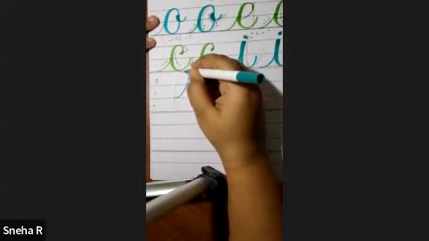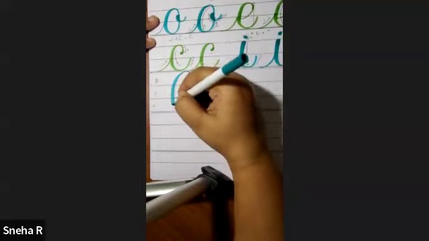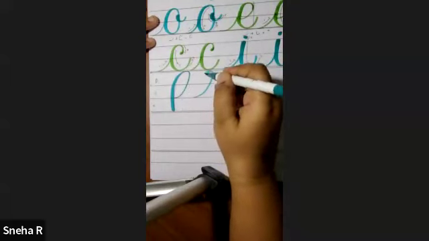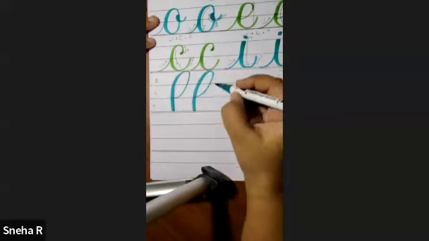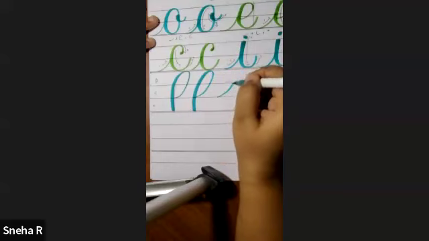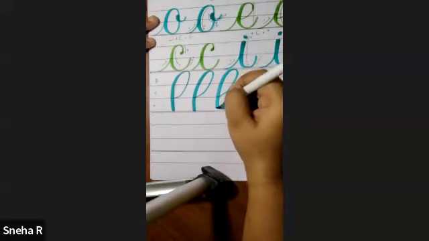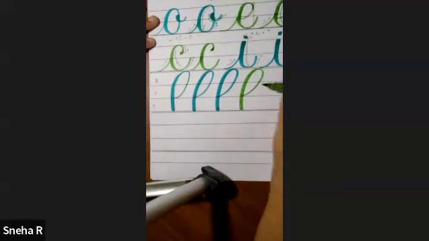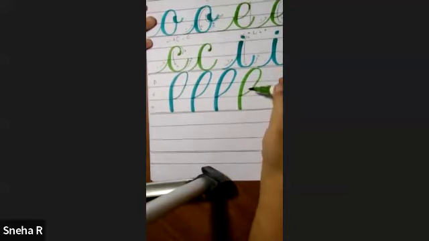Zero pressure, gradual increase in pressure, full pressure. Zero pressure, gradual increase in pressure, full pressure. This is called A loop or ascendant loop.